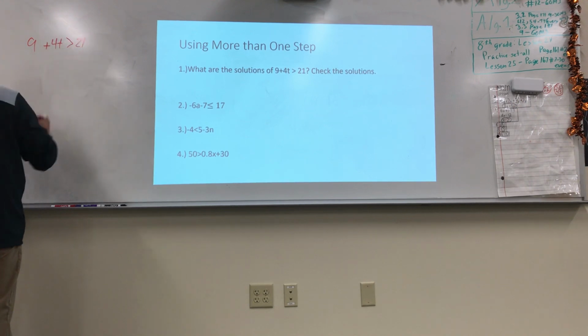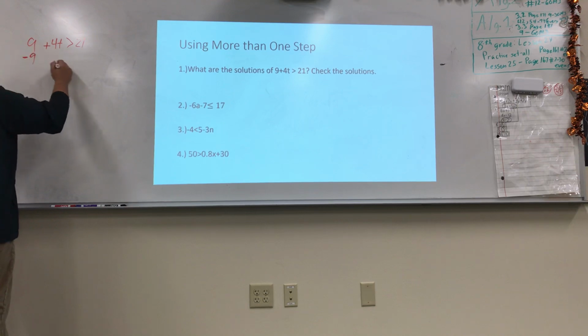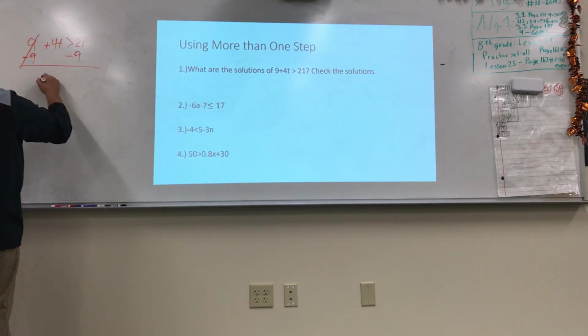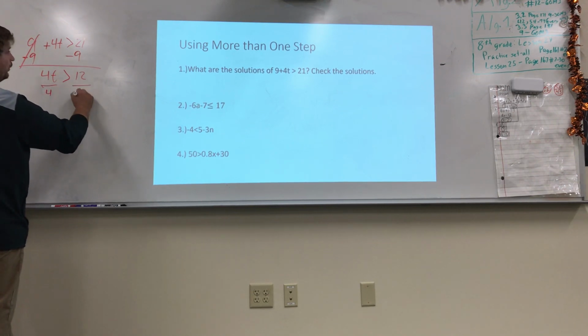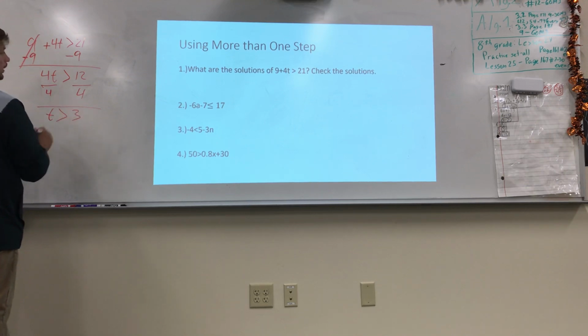The other day, you only had to do one step. In this case, it would just be like solving a regular equation. You'd minus 9 from both sides. Gone, gone. So we have 4t is greater than 12. Divide by 4, divide by 4. t is greater than 3.